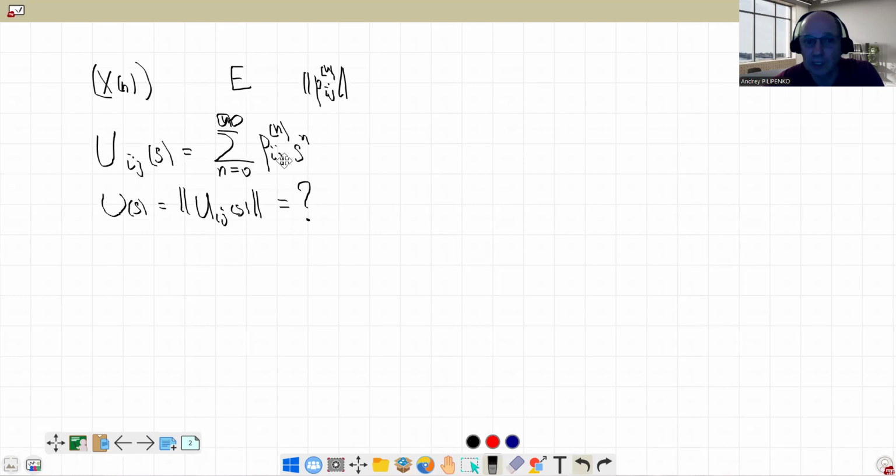Note that these probabilities are bounded by 1, so this sum is convergent if s is less than 1. Also, let me introduce the probability Fij^n, the probability that point j is visited for the first time at the nth step if you start from i.